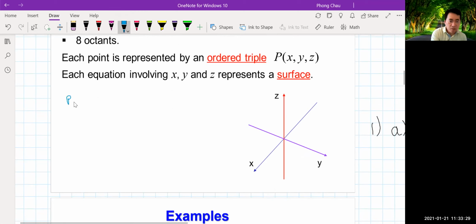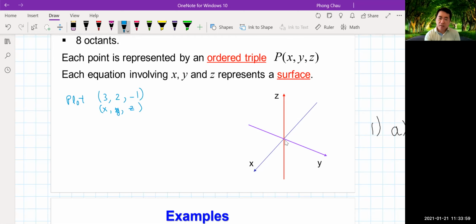Can you plot the point (3, 2, -1)? Notice in this case, the x coordinate is 3, the y coordinate is 2, and the z coordinate is -1.